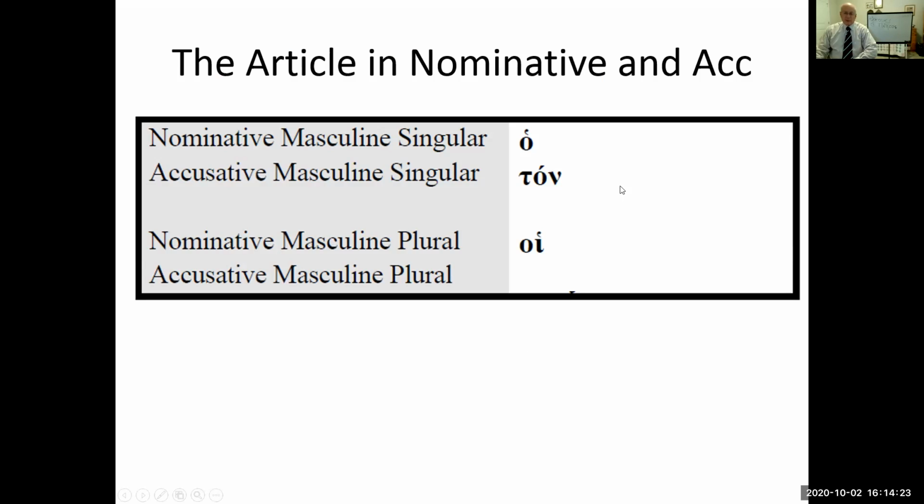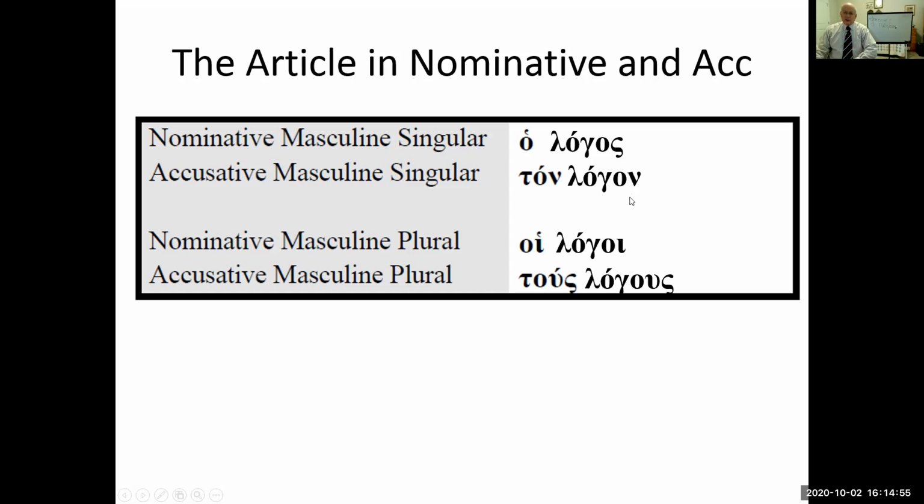So I have to remember not only the endings of the cases, nominative and accusative, singular and plural, I have to remember the article as well. But they are almost the same as the noun. So ho logos, ton logon, hoi logoi, tous logous. It won't be very difficult.